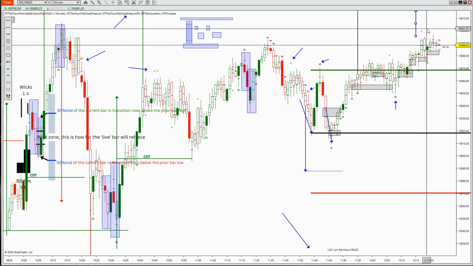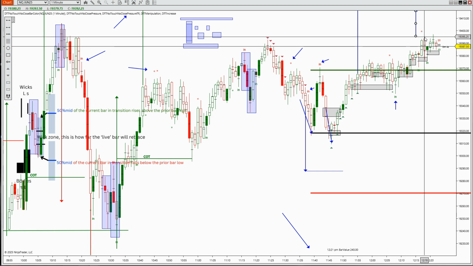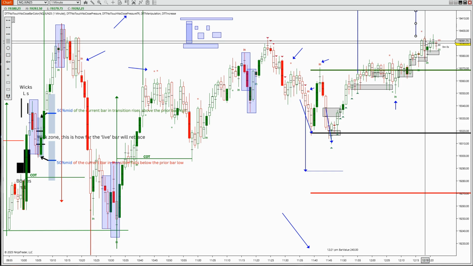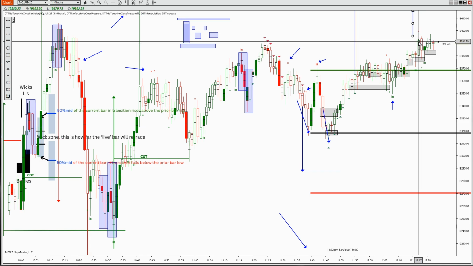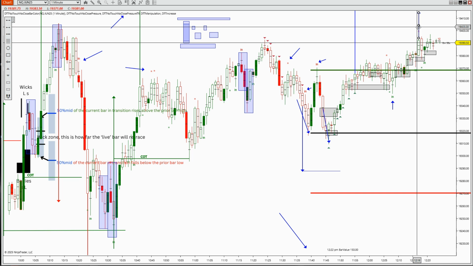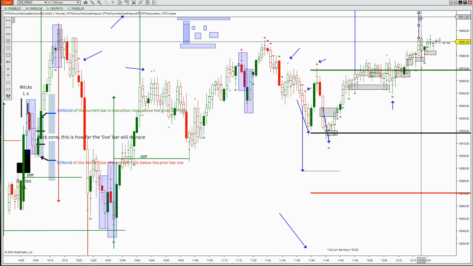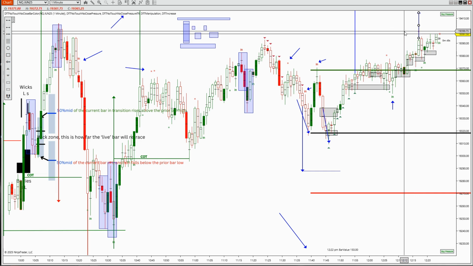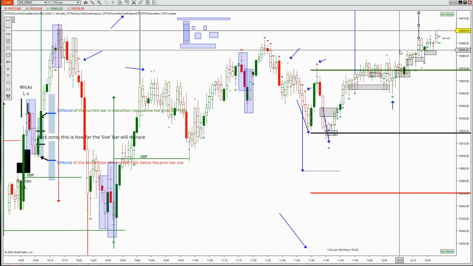There's the four. Okay, so you see the red square here. That's saying that there are four bodies inside of this green bar. All right, so that may help some of you who are trading. If you're taking trades and you're wondering when will it go, when will it take off, that may help you.